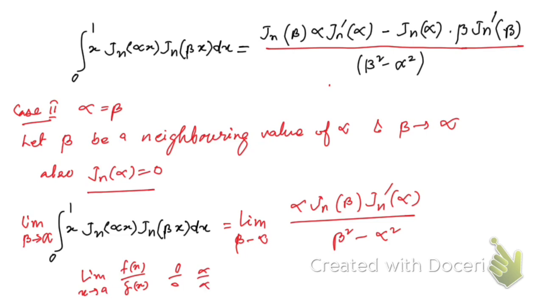In both cases we can apply this rule, and it is equal to limit x tends to a of f dash of x by g dash of x.